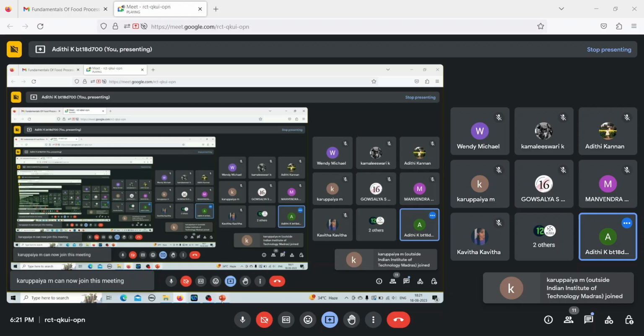Plus you will have the energy associated with the vapor as well, which is V into HV. V is the mass flow rate of the vapor. HV is the enthalpy associated with the vapor. So this is the energy balance that will be uniformly applicable across all your problems.